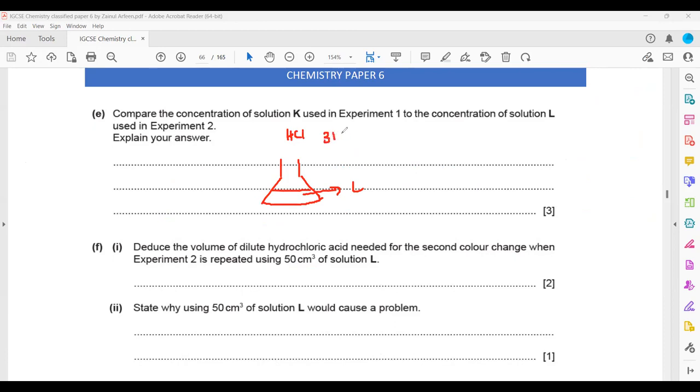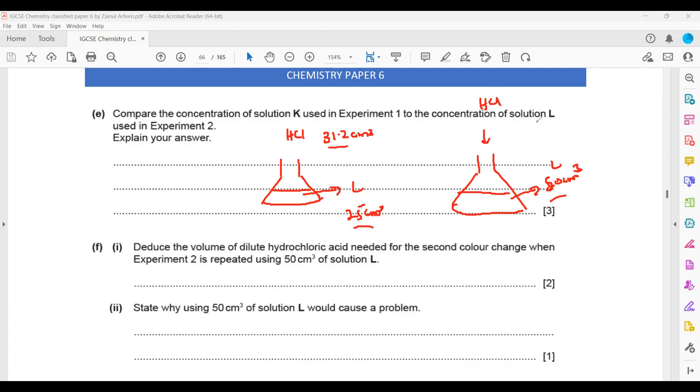Hydrochloric acid needed was 31.2 cm³ for 25 cm³ of L. They're saying if we double the volume of L, instead of 25, now it's 50 cm³ of L. How much HCl is needed? So if 25 needs 31.2, for 50, double of it, how much does it need?